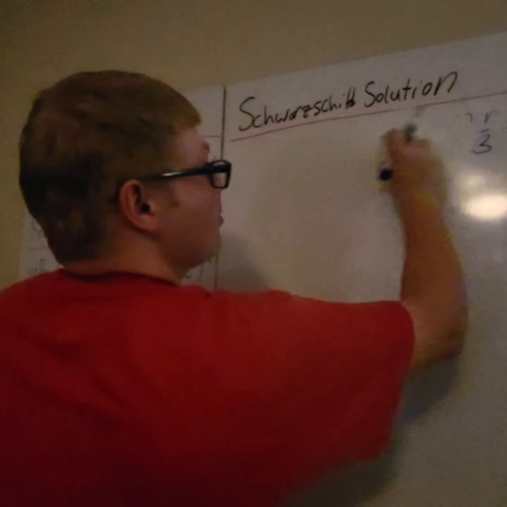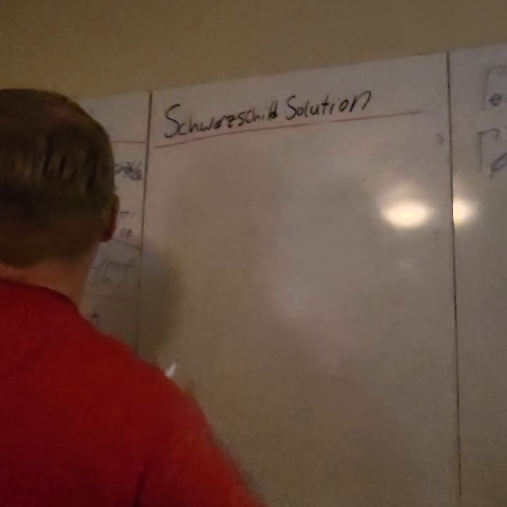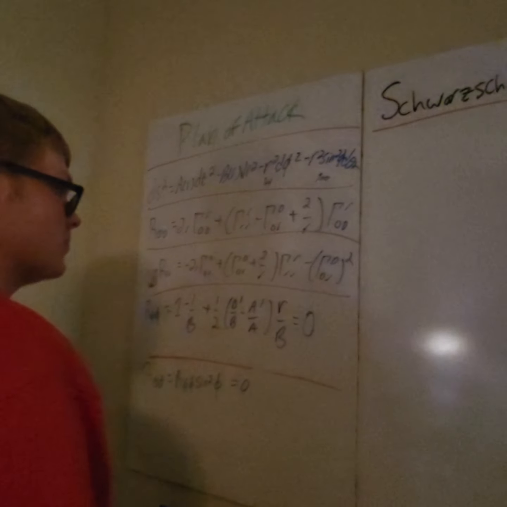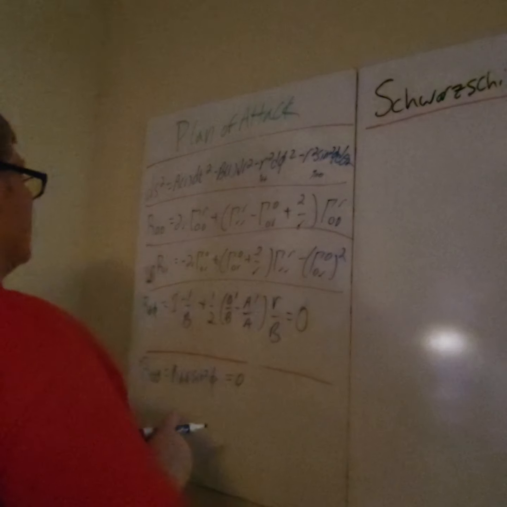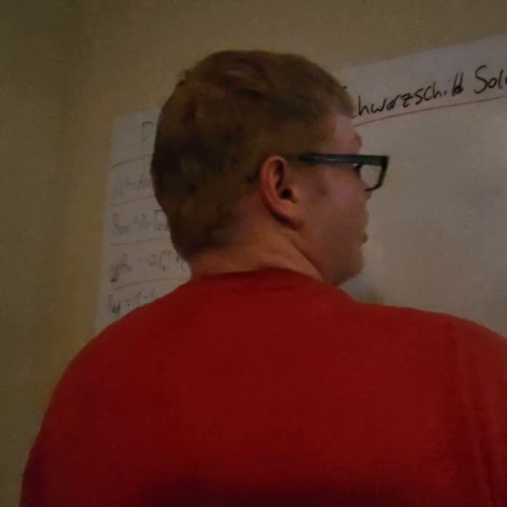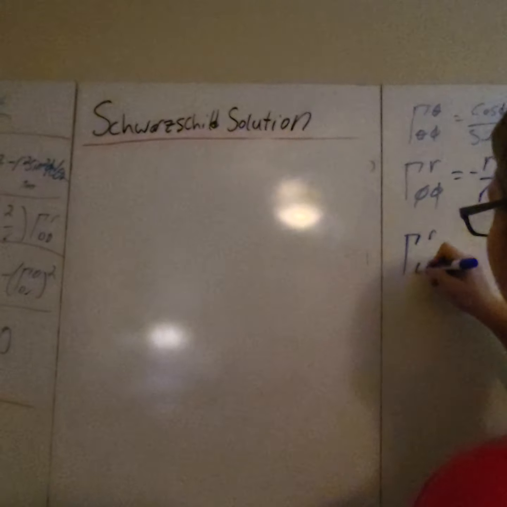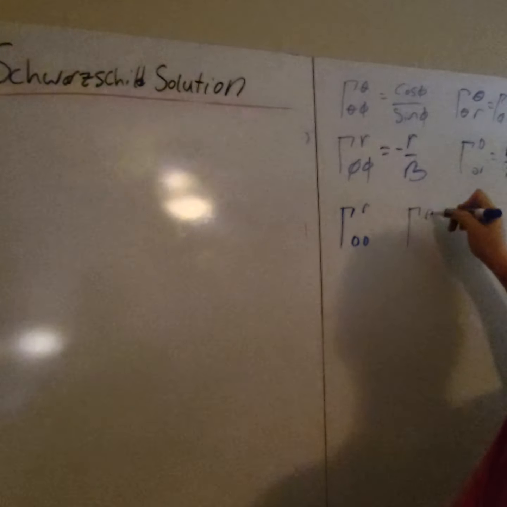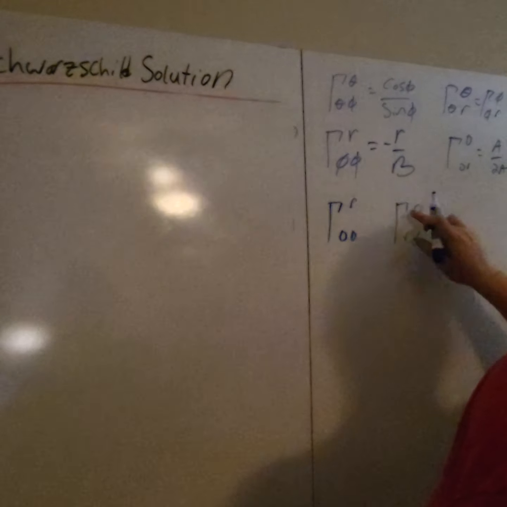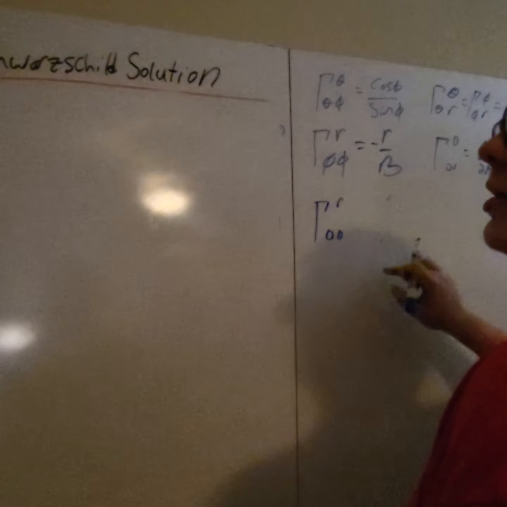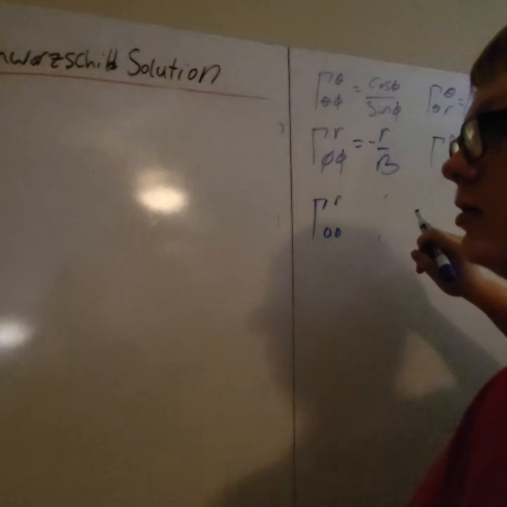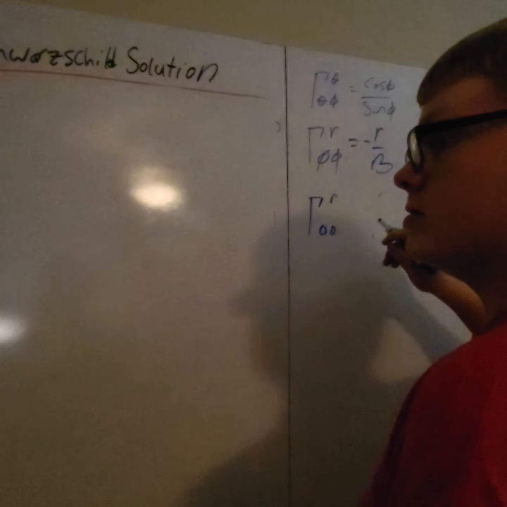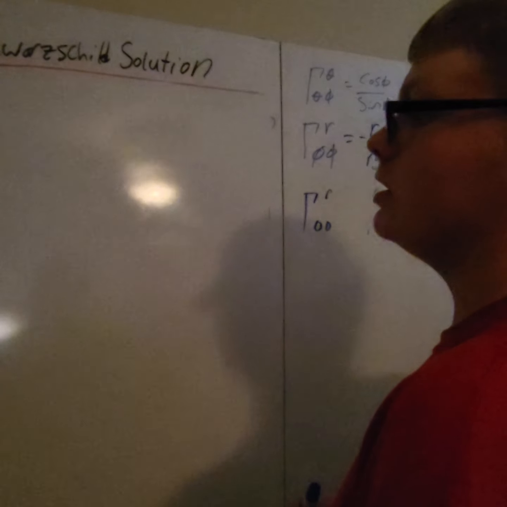Okay, so correspondingly, we're going to simplify these now. Let's look at, we need to know R sub 0, 0. We need to know, wait, we already determined that one. We need to know, that's all we need.